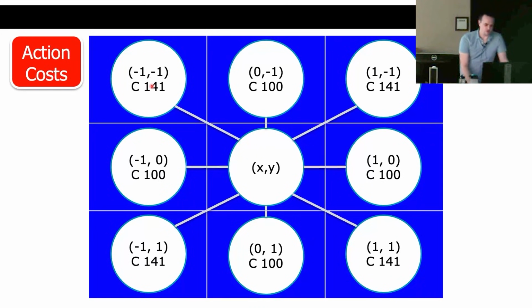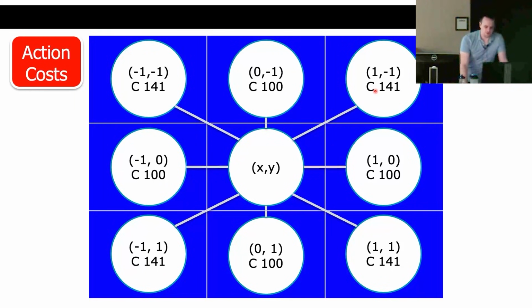And now we actually do have different action costs. So if these were squares, then what this would represent is the action cost times 100, or the distance times 100. So if up, down, left, and right are cost 1, then moving in a diagonal goes a little bit further, right? So if you know Pythagoras, if you have a right triangle with sides 1 and 1, then the length of the hypotenuse would be the square root of 2.